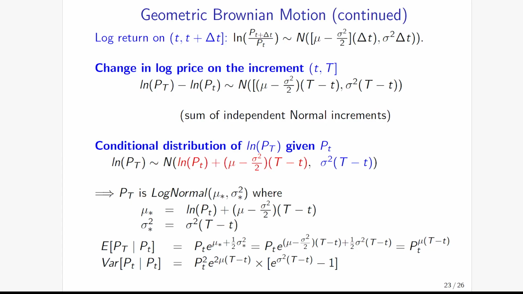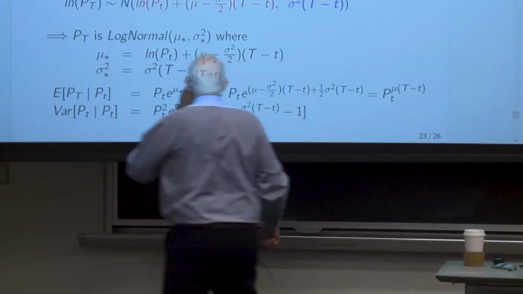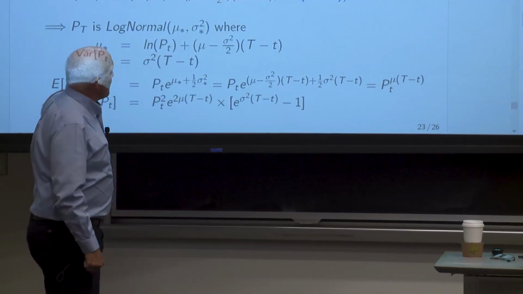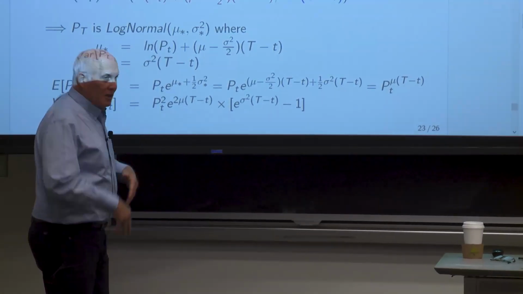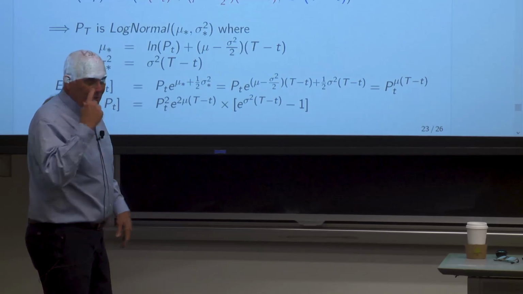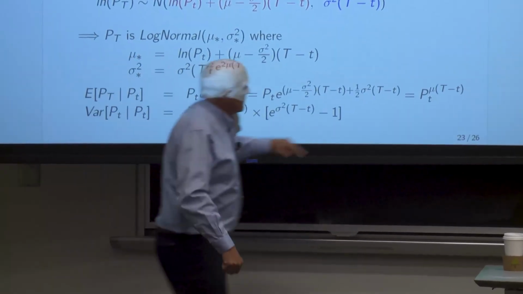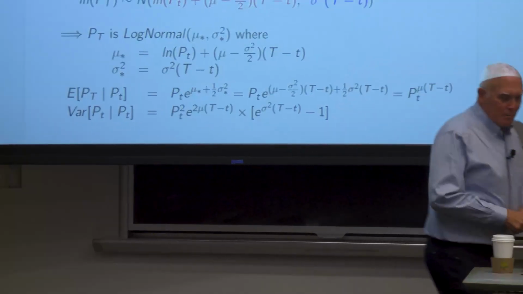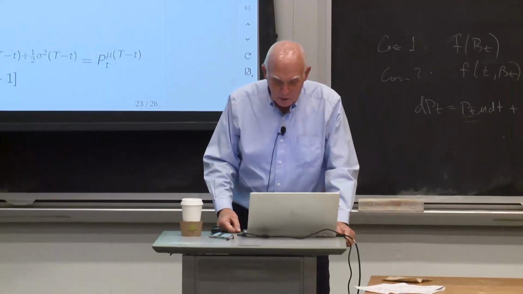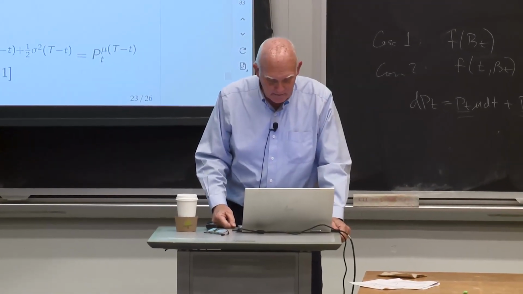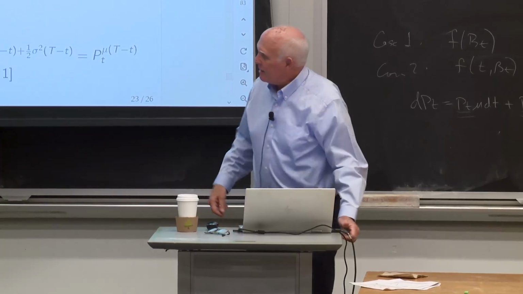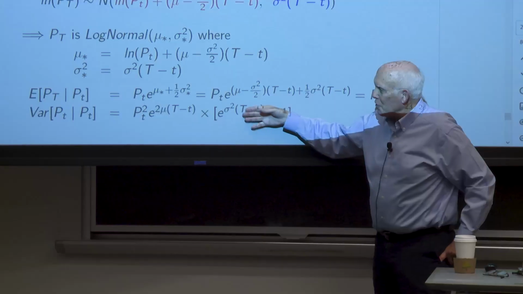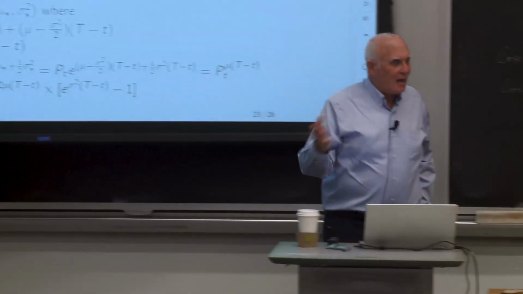So despite there being a drag on the drift, the expectation of the exponential of the log doesn't have that drag due to drift. It actually has the mean log return in that factor. And with log-normal random variables, we have formulas for the mean and variance, which we covered in the first couple of lectures.